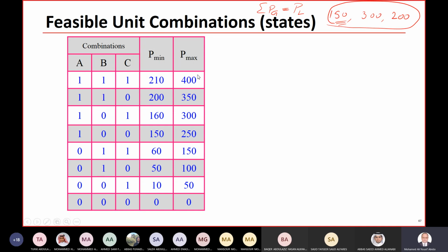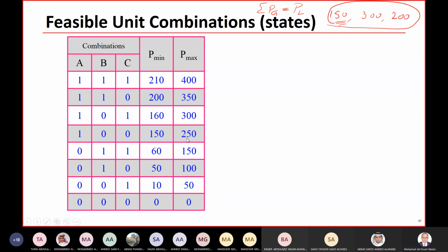So this combination is unfeasible for the 150 megawatt load. For 110, the minimum is 200, the load is 150, so the minimum generation is higher than the load. So this also is an unfeasible combination. The minimum here is 160. It's still greater, so this combination is unfeasible.